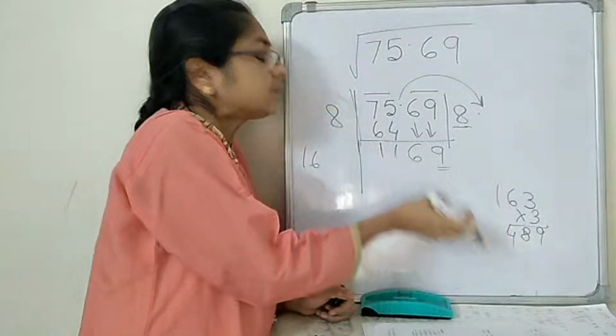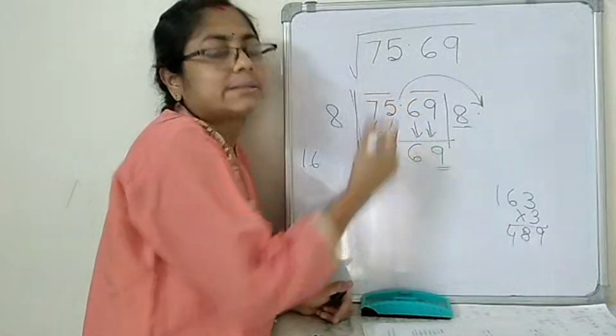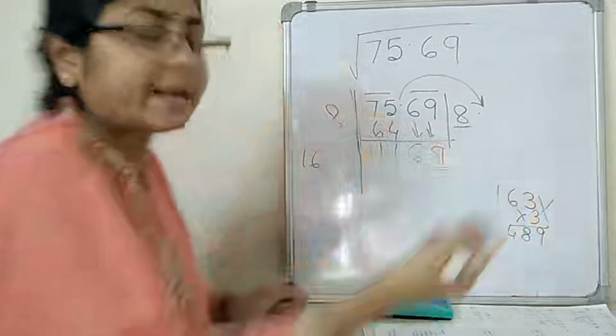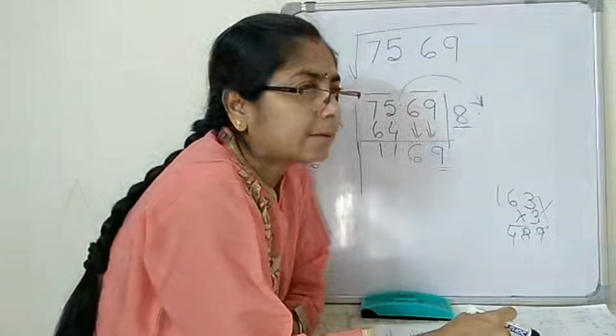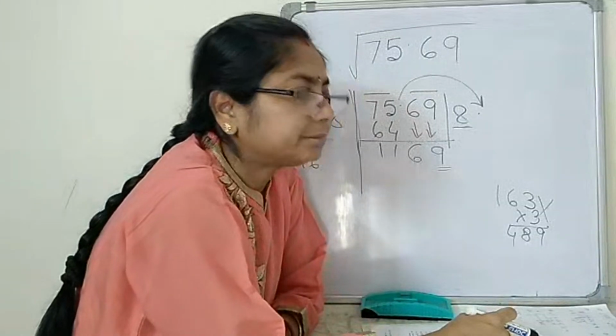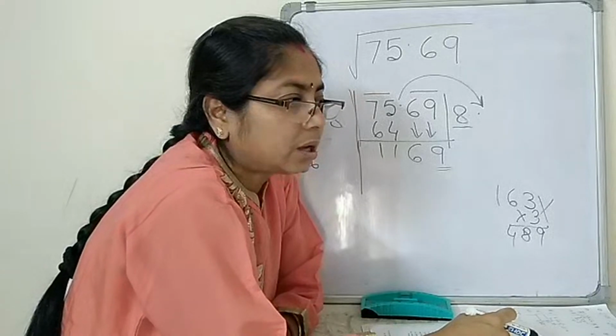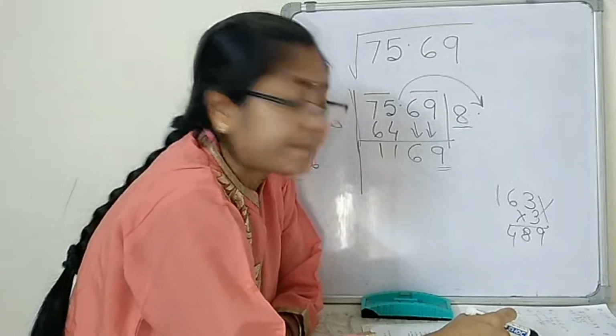But 489 is much smaller than 1169, so I can't take it. I check the next number: 4, 16; 5, 25; 6, 36; 7, maybe 7.